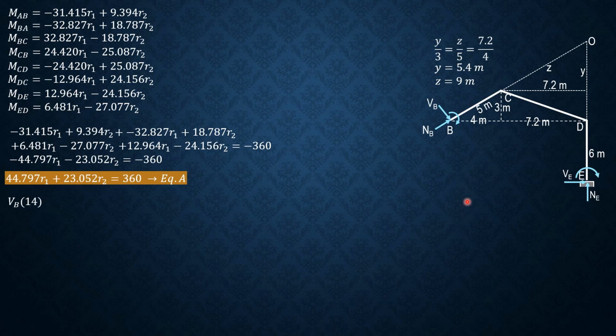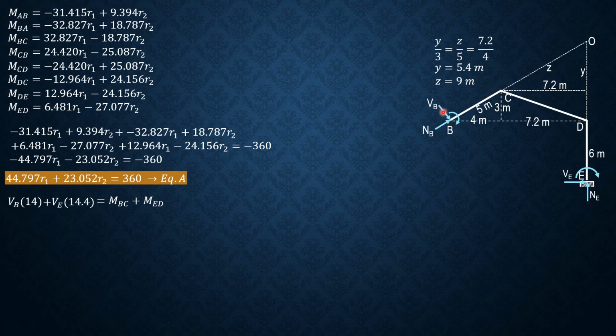Summation: V sub B times 14, plus summation moment O equals 0. V sub B times 14, counterclockwise positive, plus V sub E times 14.4 equals moment AB plus moment ED. If we draw the free body diagram of BC, we have here moment CB, then V sub B times 5 equals moment BC plus moment CB.